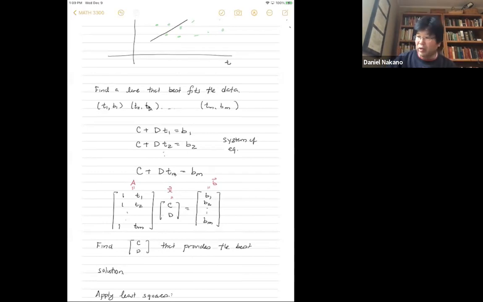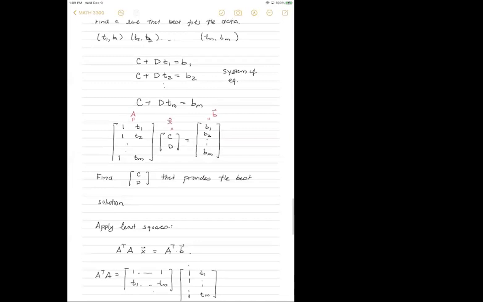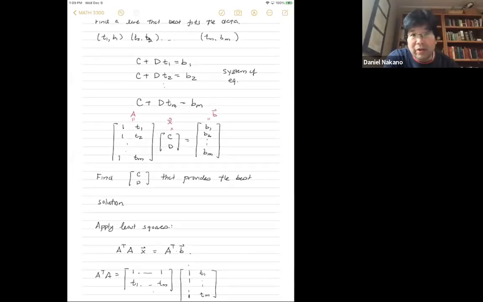You can write your system out like I did right here, where you have one, T1, one, T2, one, TM, with the C and the D, and then with the B's. So you have AX equals B, and this is probably going to be inconsistent. But we know how to find the best fit for this inconsistent system, and so what you do is you use least squares.